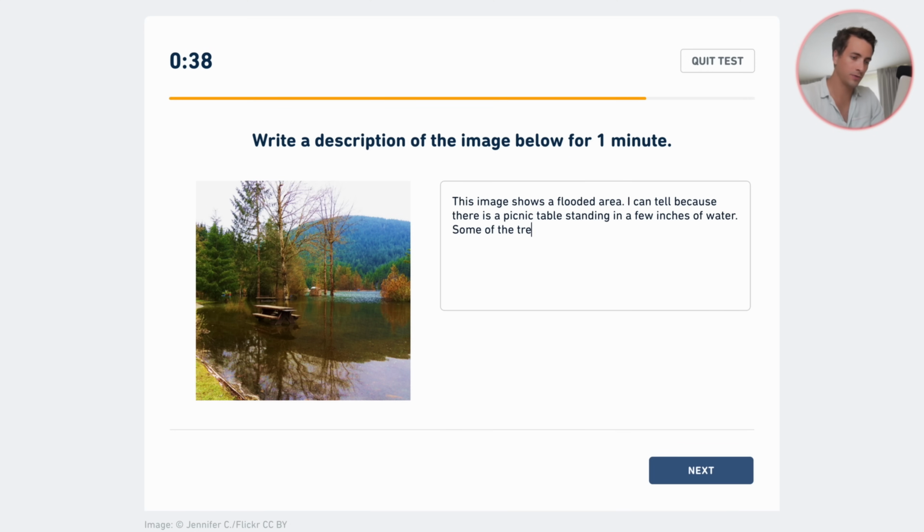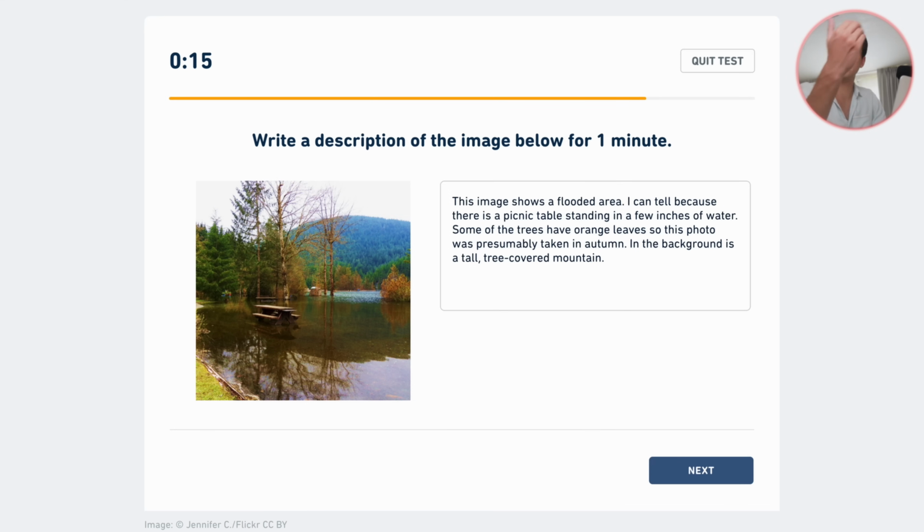Some of the trees have orange leaves, so this photo was presumably taken in autumn. In the background is a tall, tree-covered mountain.